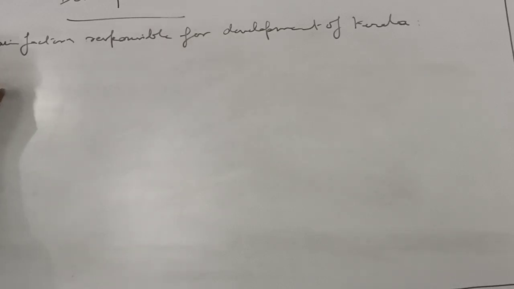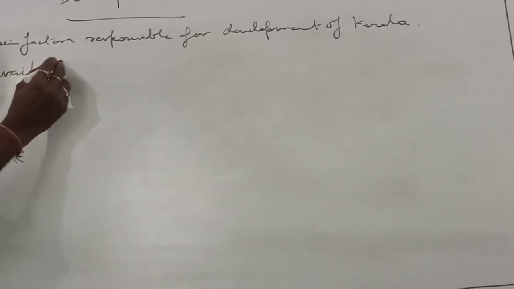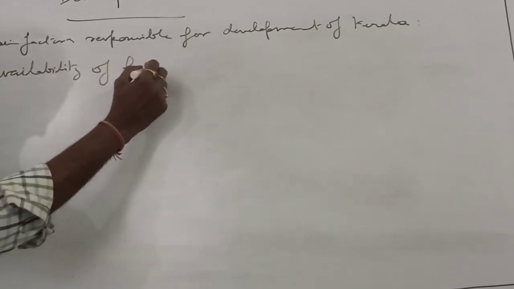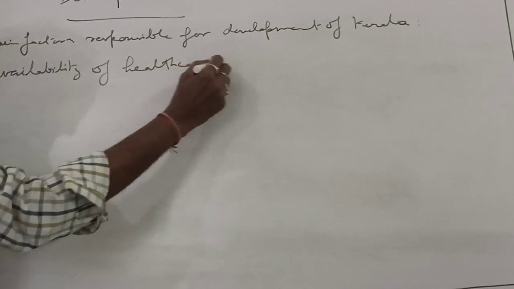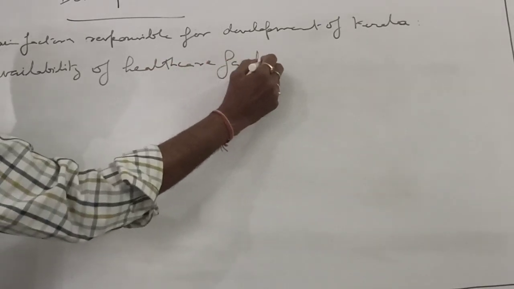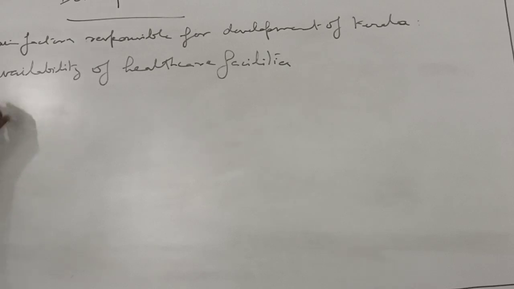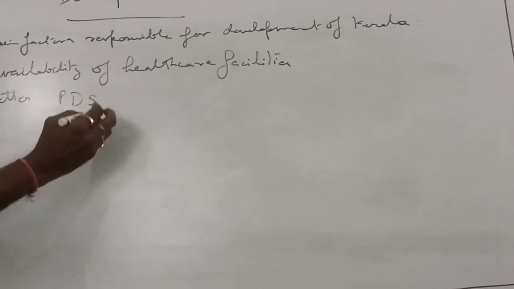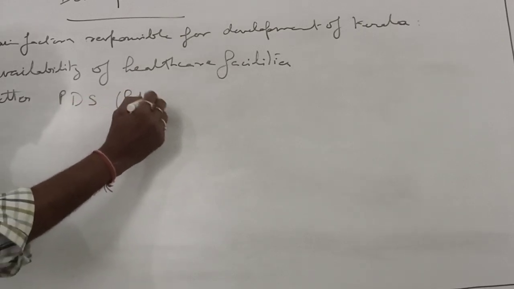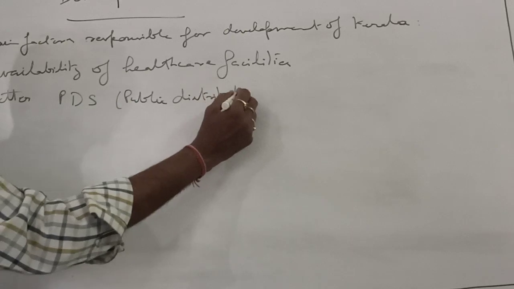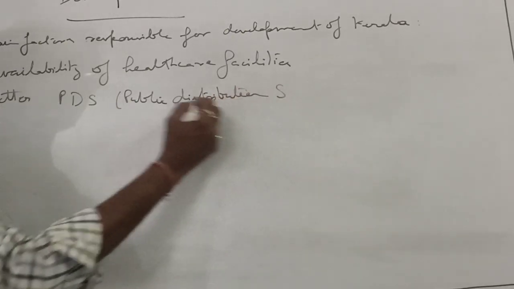is, first, availability of healthcare facilities. Second, better PDS system. PDS, that is public distribution system.